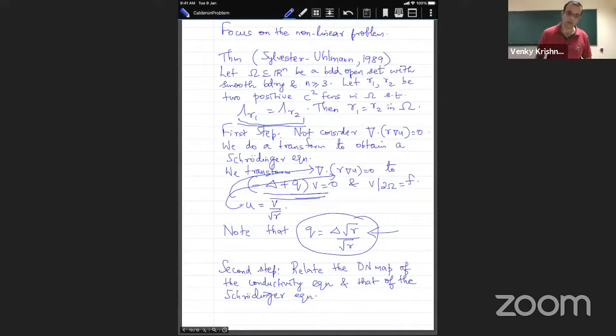So for potentials Q arising from this form, which is Laplace root gamma by root gamma, minus Laplace plus QV with V on the boundary being a Dirichlet datum has a unique solution. Therefore, instead of looking at the conductivity equation, you look at this minus Laplace plus QV equation.